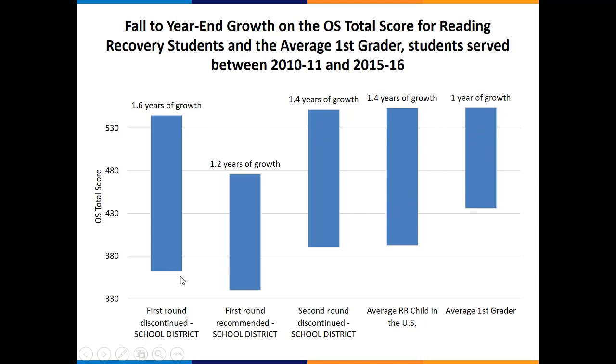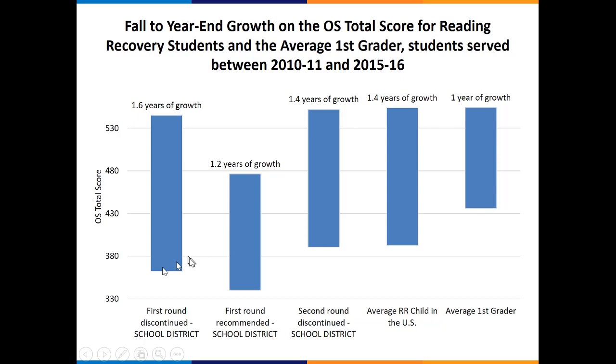In this school district, the first round discontinued children were making about 1.6 years worth of growth compared to the average first grader. And in the United States, Reading Recovery teachers in general get about 1.4 years worth of growth from the children. So these teachers are fostering more growth, and they even have a harder time.